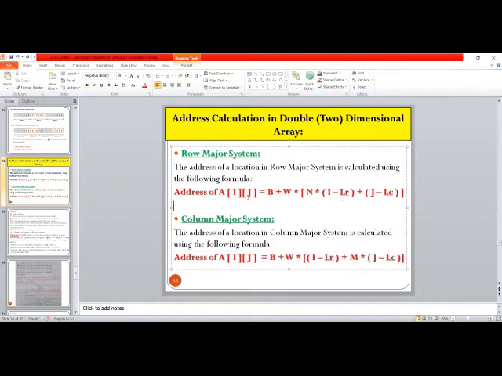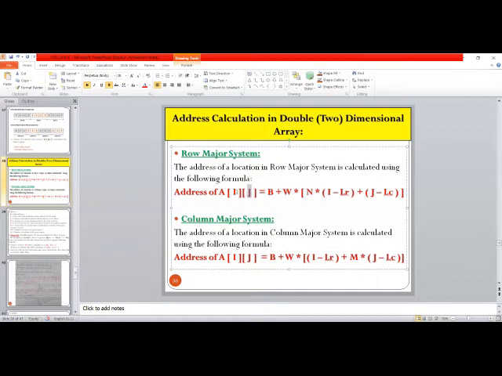Now here in this case you have to supply 2 dimensions, I and j, that is row number and column number for the particular element of which address you want to find out, right? In case of single dimensional array, you had supplied here only 1 dimension.